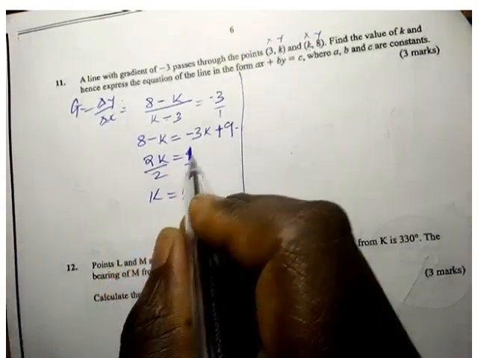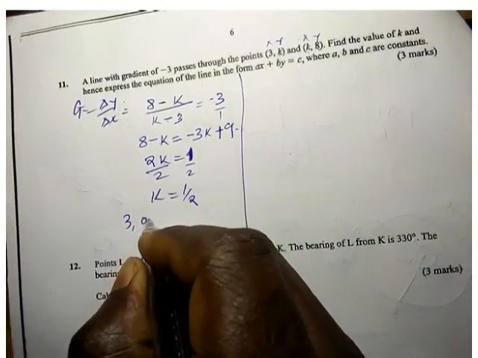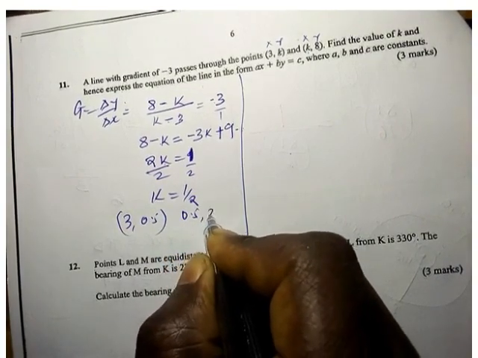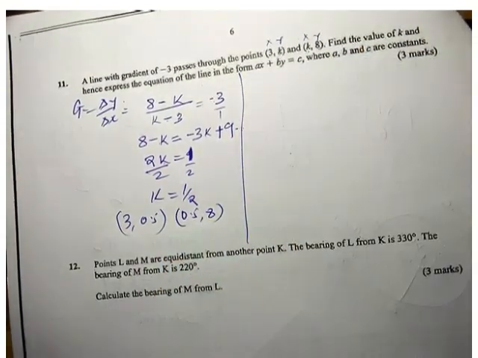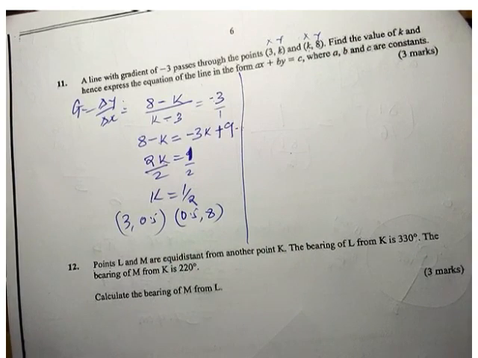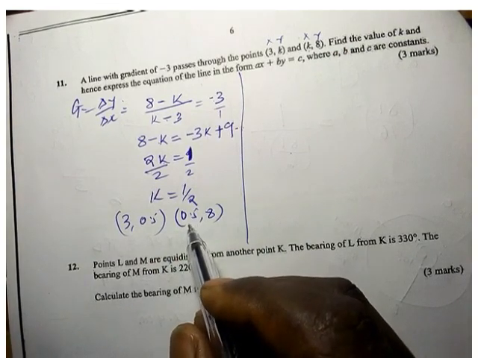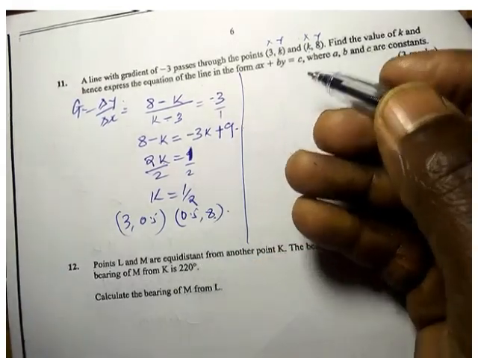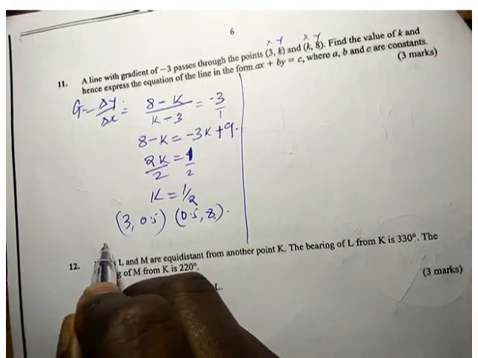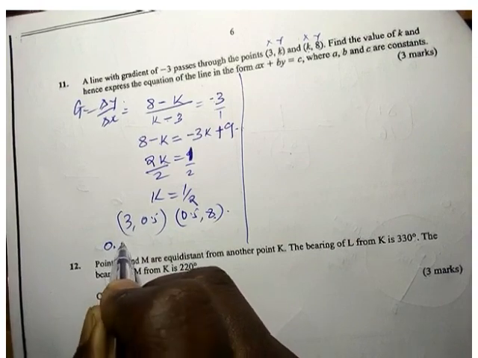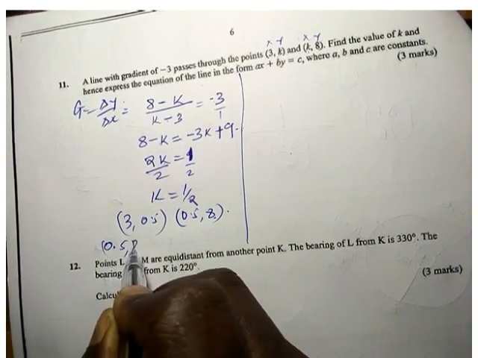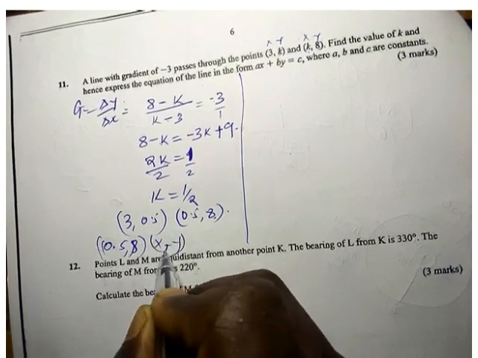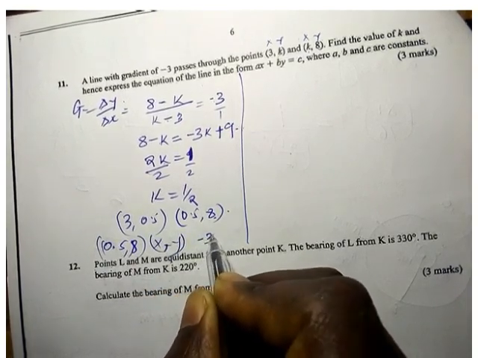So that means now our points will be (3, 0.5) and (0.5, 8), where it is k, you substitute. Now take 1 point. Let me take this one with the gradient, so that we get the equation of the line. So I will take (0.5, 8), and then (x, y), and the gradient is equal to negative 3.